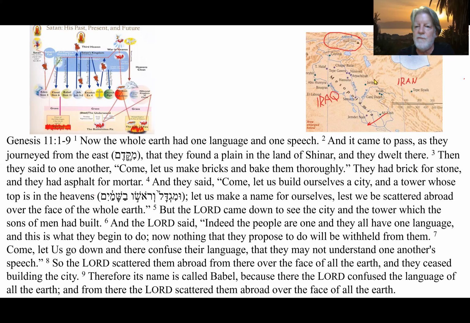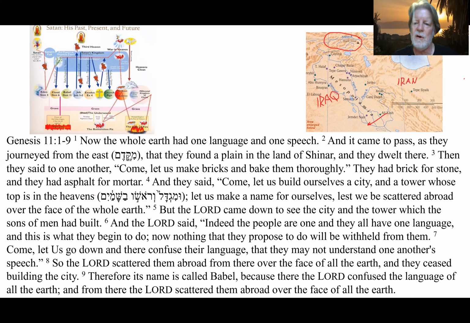Shinar. Now, what I've written on the map here is an arrow pointing to where I just showed you where Shinar is on the previous map that we looked at. And I wanted to point out that here on this map, you can barely see it. It says Mount Ararat is here, and that's where the ark landed.